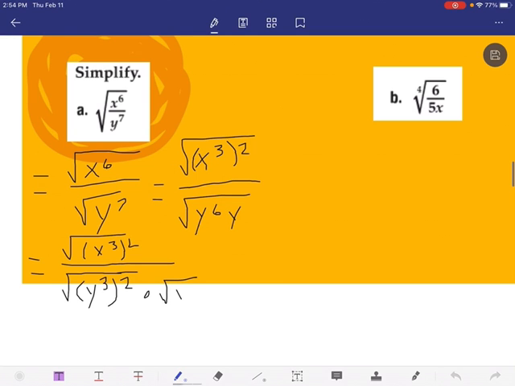And then we have our leftover square root of y. So simplifying, on the top I'm going to have an x to the third, and on the bottom I'm going to have a y to the third. But we also have a square root of y. So I've simplified out all of the square roots that we can simplify. I cannot simplify the square root of y any further.